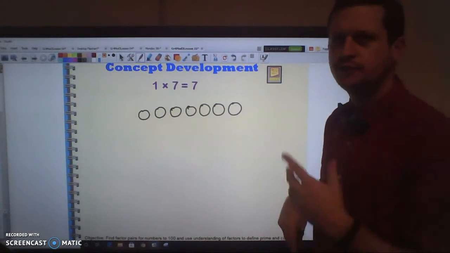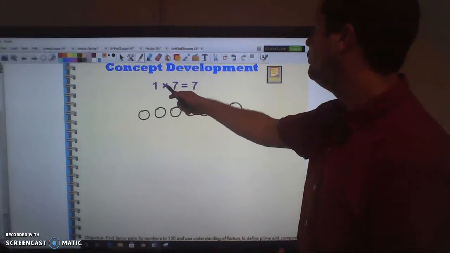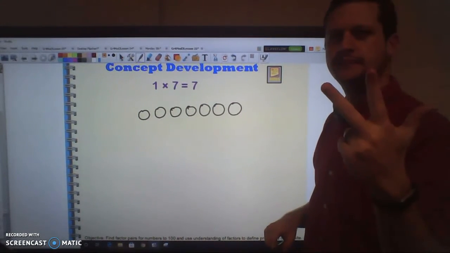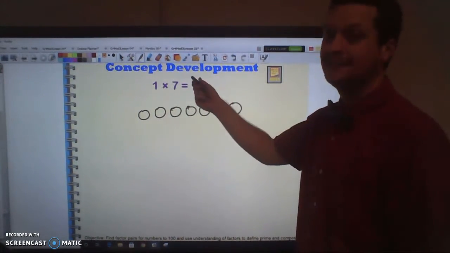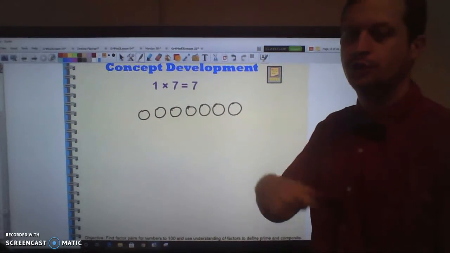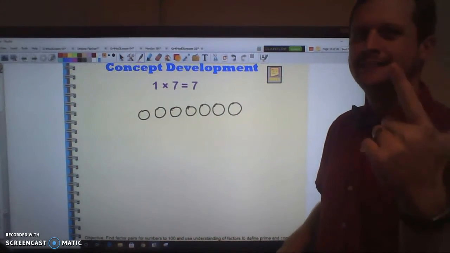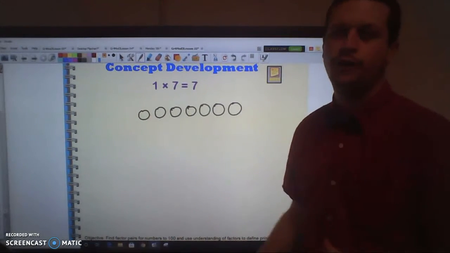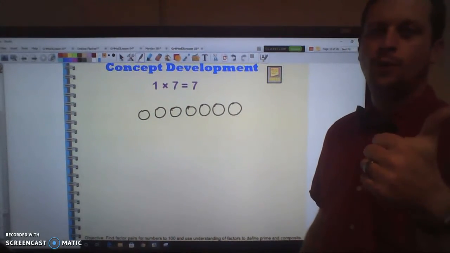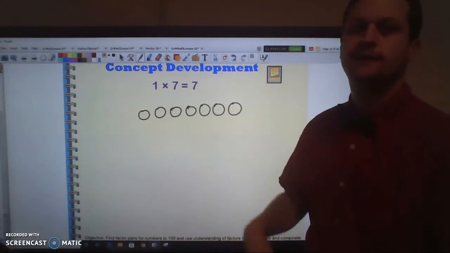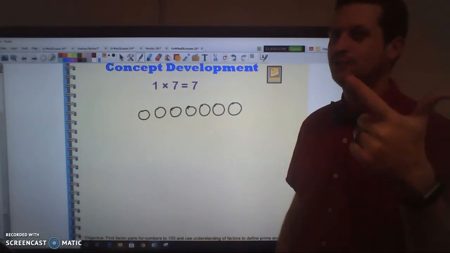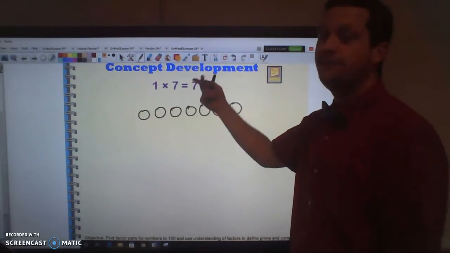All right, so let's go to 2. Is 2 a factor of 7? 2, 4, 6, 8. Didn't land on 7. So 2's a no-go. Let's go to 3. 3, 6, 9. Didn't land on 7. So 3's a no-go. 4. 4, 8. 5. 5, 10. 6. 6, 12. 7.